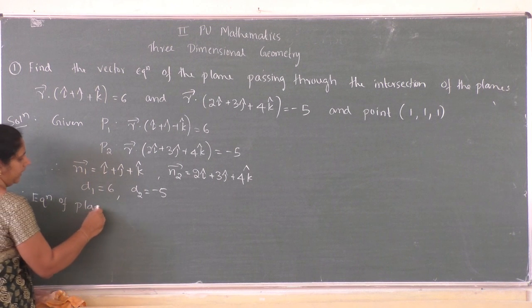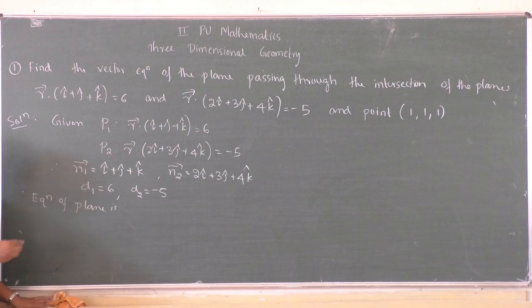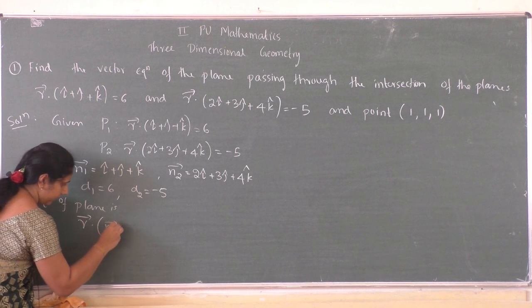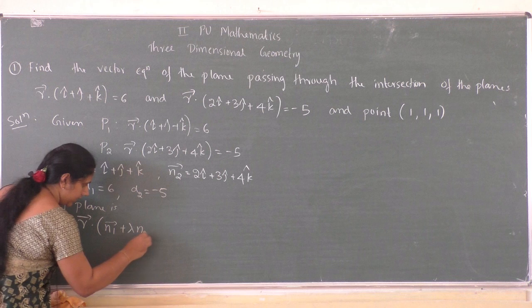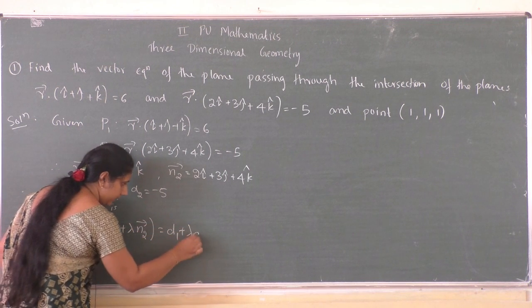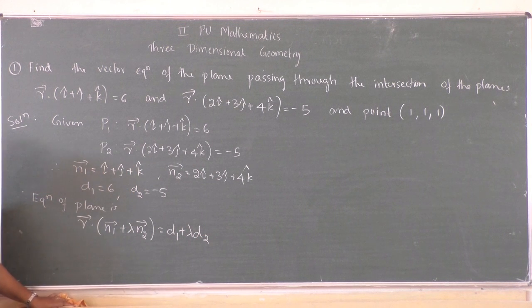Therefore the equation of the plane is of the form r vector dot n1 vector plus lambda times n2 vector is equal to d1 plus lambda times d2.